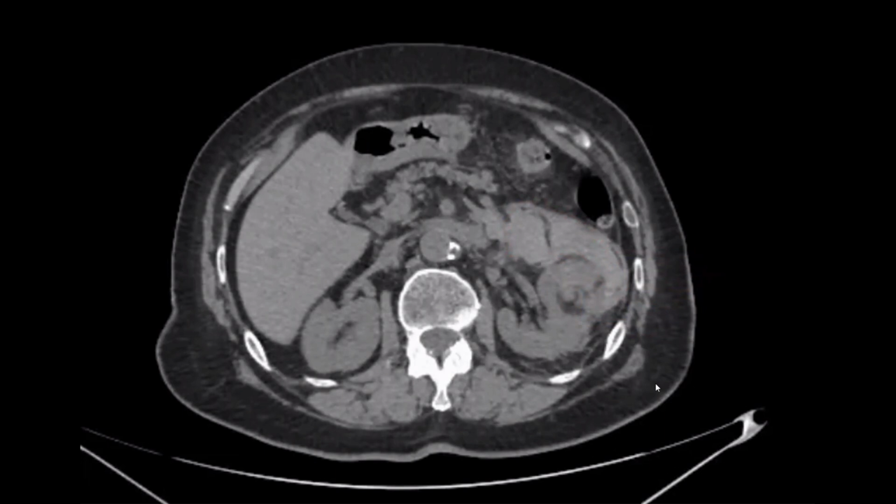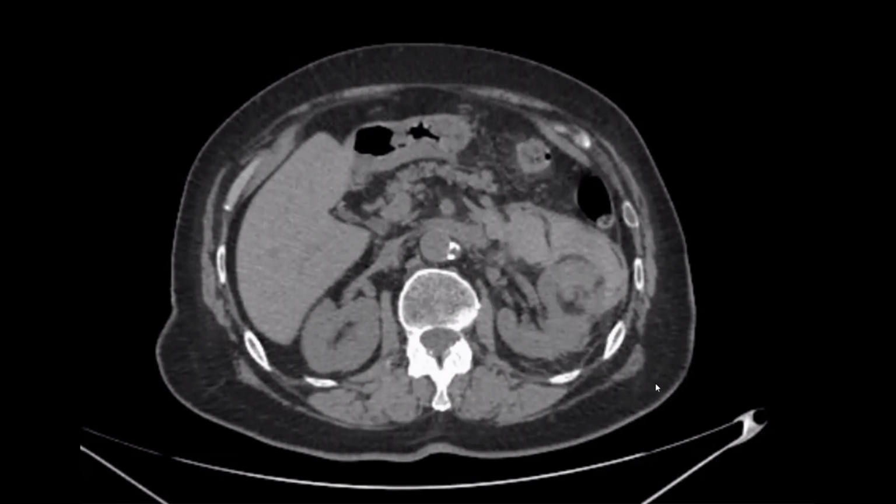Okay. Can you please tell me what is the borderline, or what is the size that is more susceptible to bleed? I do not know exactly the cutoff value for the size of the angiomyolipoma. Do you know the cutoff value for the size? I'm not sure.